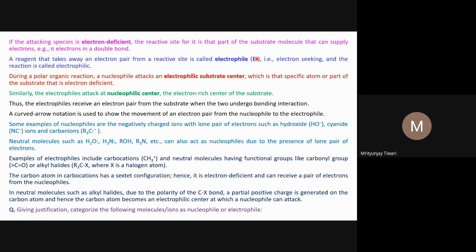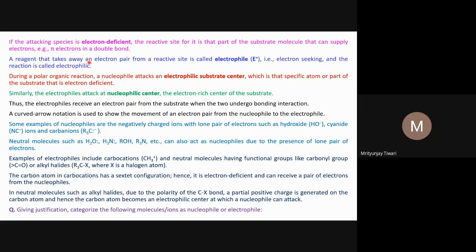Electrophiles are denoted as E plus; the plus represents an electron deficient species. The electron deficient species may not have an actual positive charge, but can be represented as H plus to denote an electron deficient center.